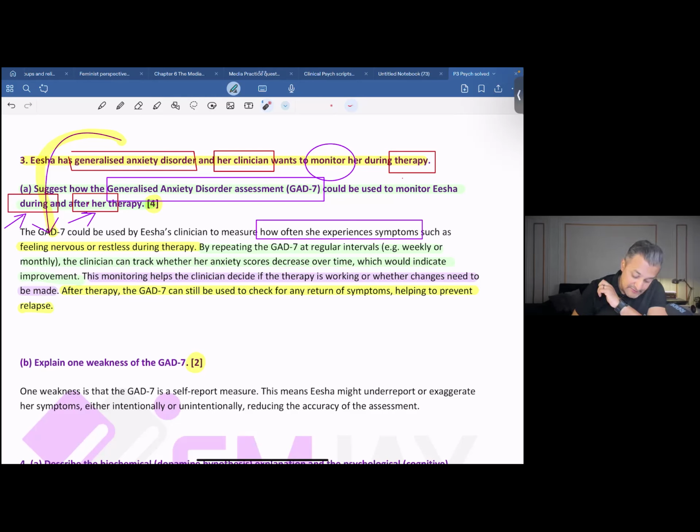So the GAD-7 could be used by Isha's clinicians to measure how often she experiences symptoms such as feeling nervous or restless during therapy. One, by repeating the GAD-7 at regular intervals, right?